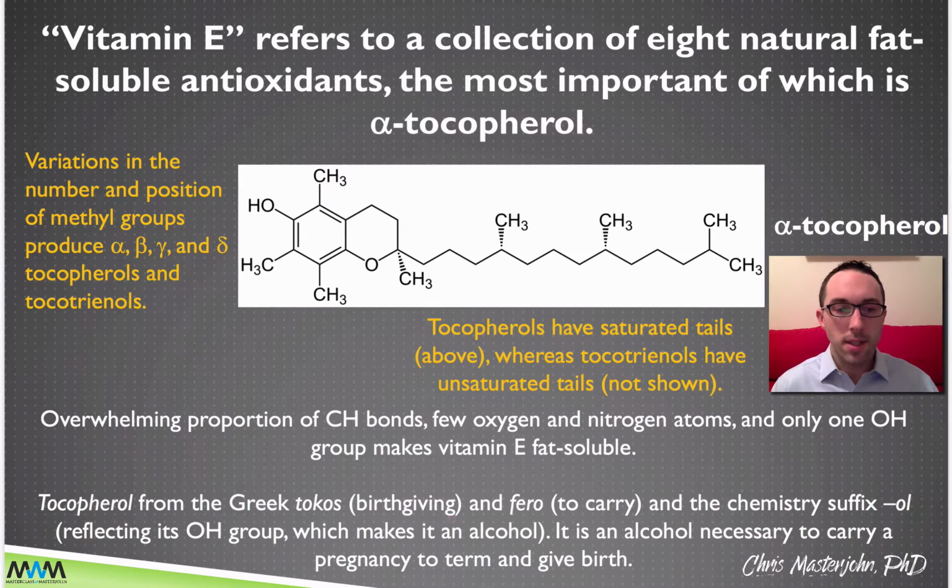And that's because when we first discovered vitamin E deficiency, it was associated with infertility. Now, tocotrienol is a later name where triene means 3 double bonds, and so that refers to the number of double bonds that are in the tail, and that's where that name comes from.